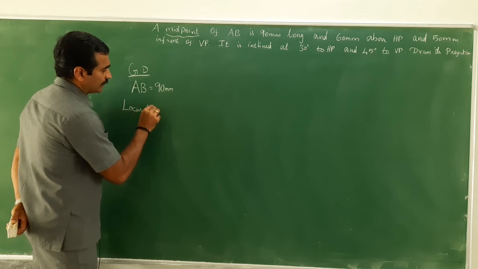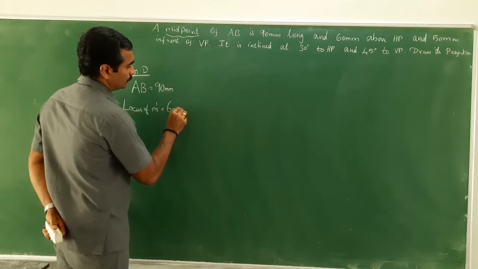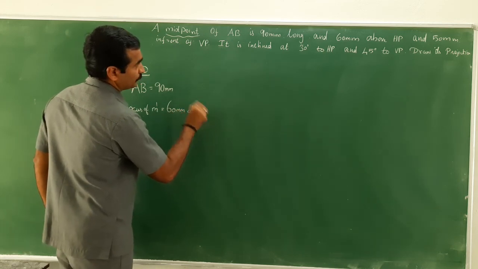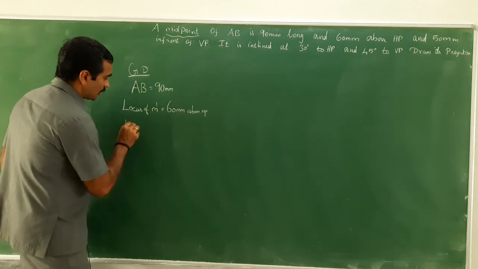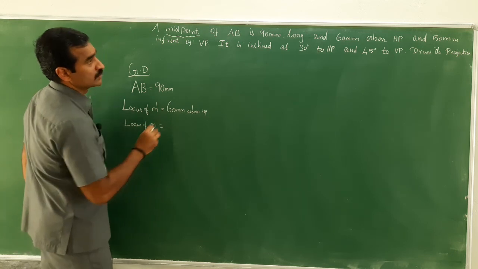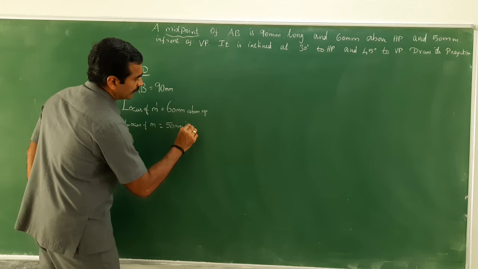Locus of M dash is given, which is 60 mm above HP, and 50 mm in front of VP, that is locus of M, which is 50 mm in front of VP.